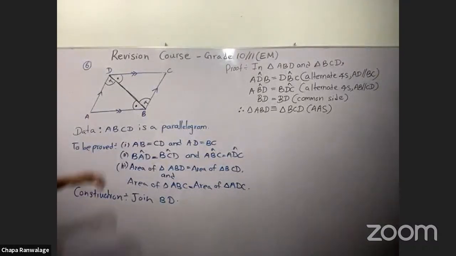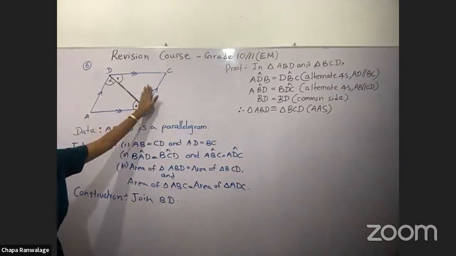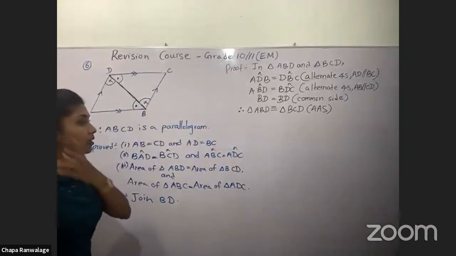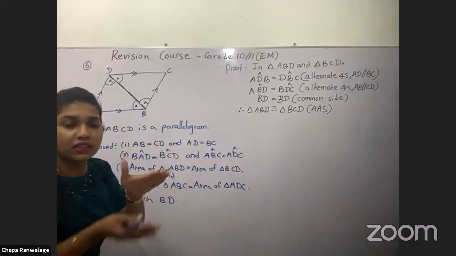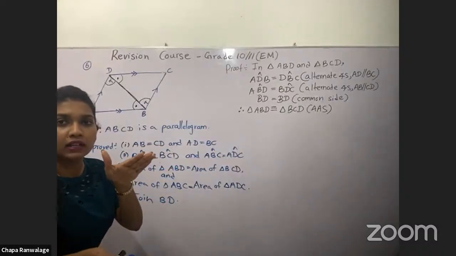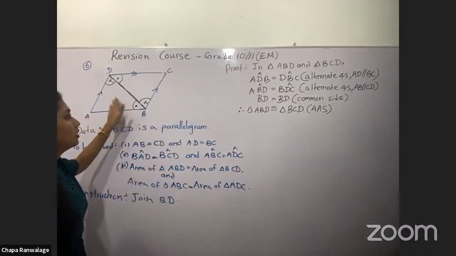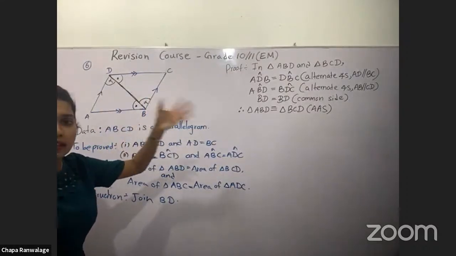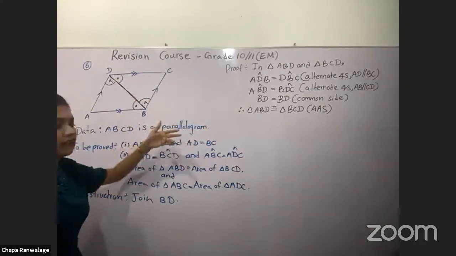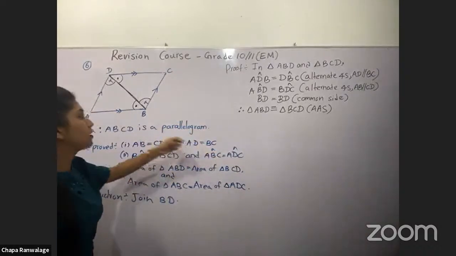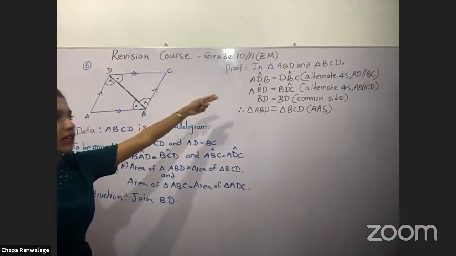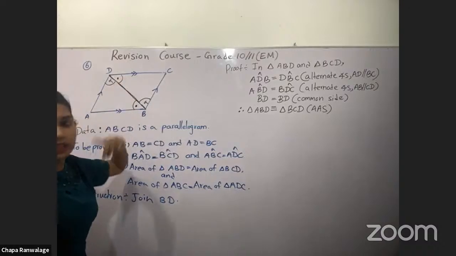Here, now these two triangles are congruent. That means, congruent means what? They coincide with each other. No? And all the elements are equal. No? In the congruent triangles, all the elements are equal. So here we got three elements to prove these two are congruent.